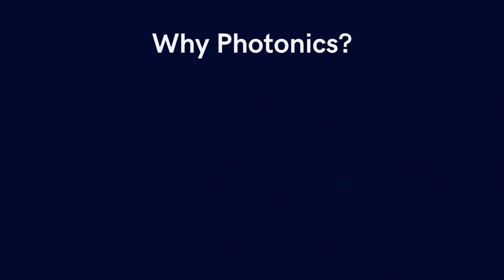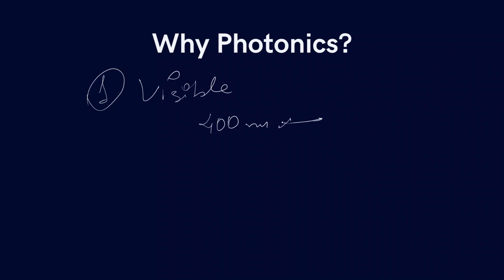So why the study of photonics is important is because we usually have the visible range of light, which starts from maybe 400 nanometers and spans to maybe 700 or 800 nanometers. This is the light we can essentially see.